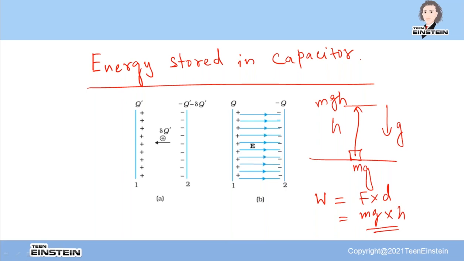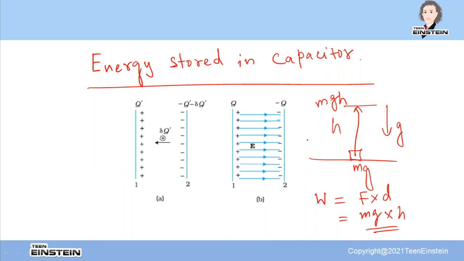So this is the gravitational force, and we are acting against it. Similarly, when we act against the electrostatic force, then what happens? The work done we do to bring a charge.